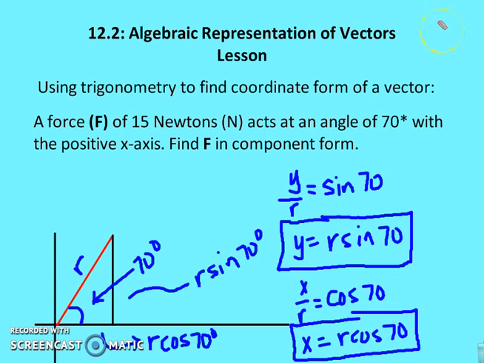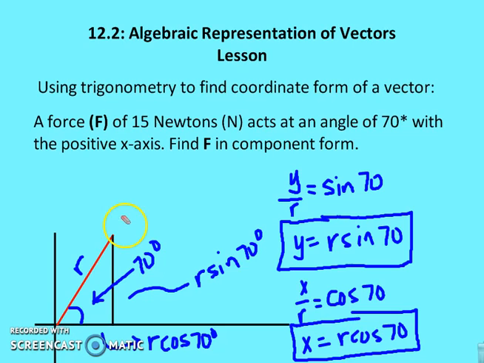All right, so this is a simple trig problem. If I label the opposite side as y and the adjacent side as x, I can rewrite the xy change, or the component form of the vector, as x comma y, with y being equal to r, which is the force, the magnitude of the vector, times sine of 70, and x is equal to r cosine 70.